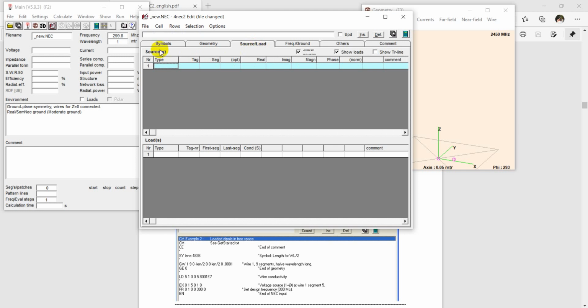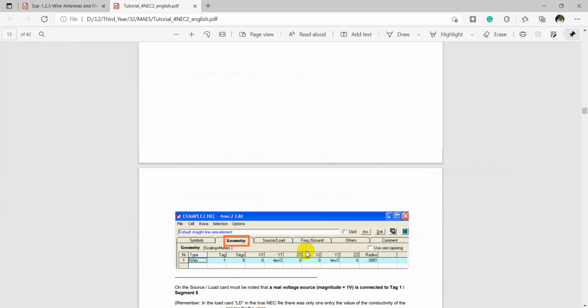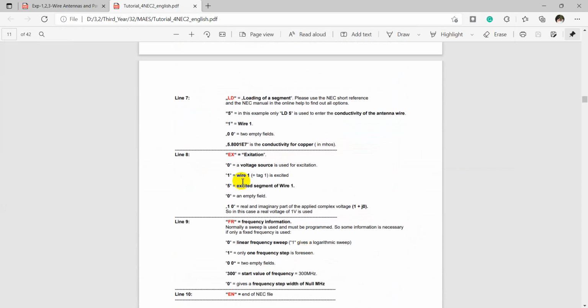Now we are in the load section. The load section indicates 5, 1, 0, 0, 5.8001 E7. Now if you see the load section, the LD 5 is used for the conductivity of the antenna wire.